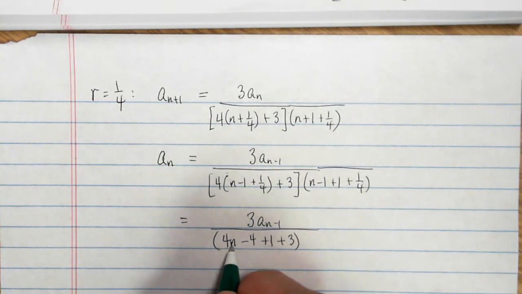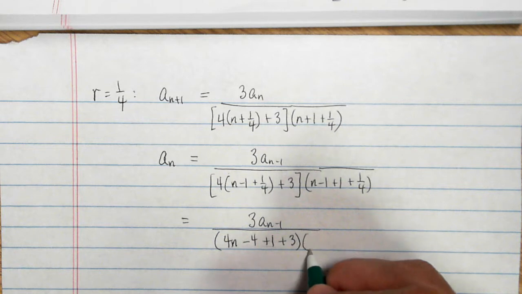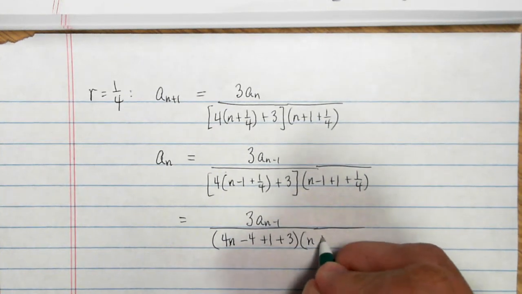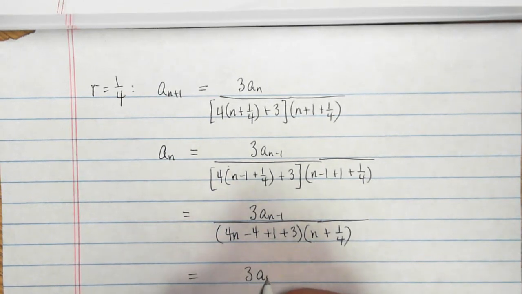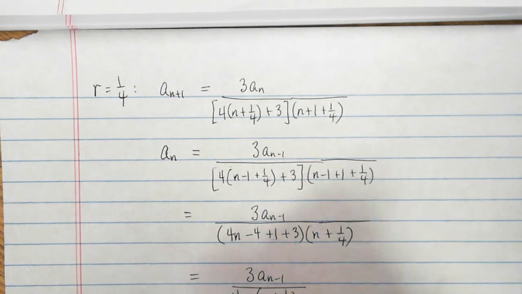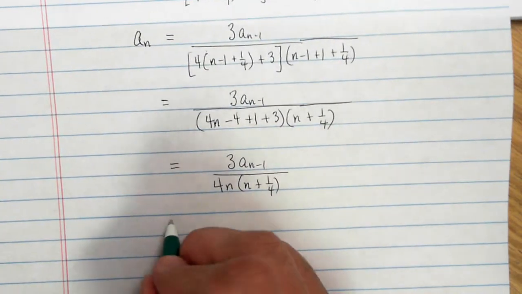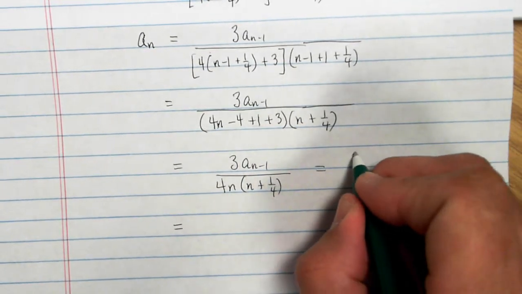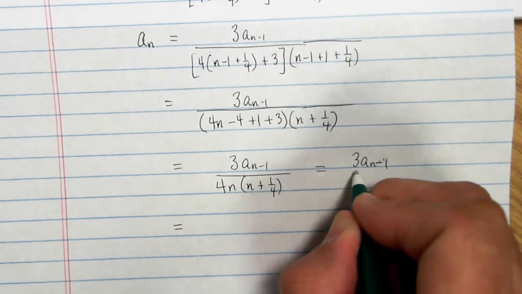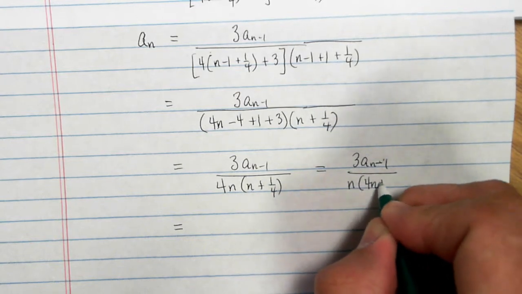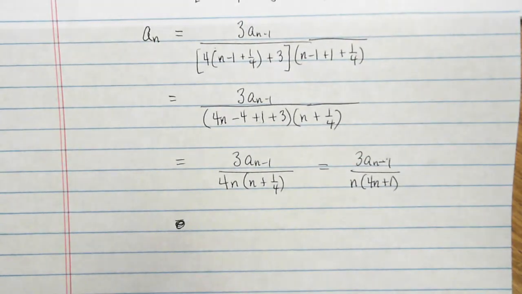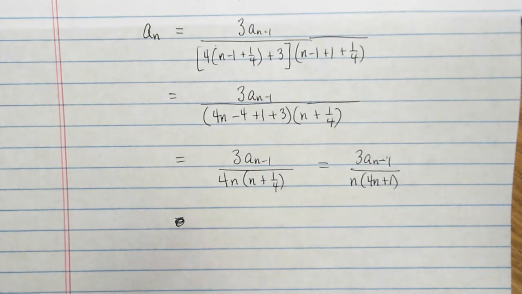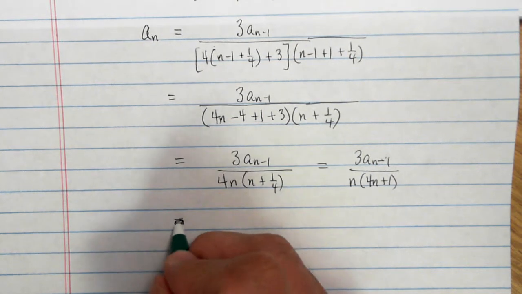So all that cancels, leaving me 4n. And what's left over here is going to be n plus 1/4. So 3a sub n minus 1 times 4 times n plus a fourth. And that can be written more simply as 3a sub n minus 1 over n times 4n plus 1. And so there is my recurrence relationship for this one if I have the case r equals 1/4.